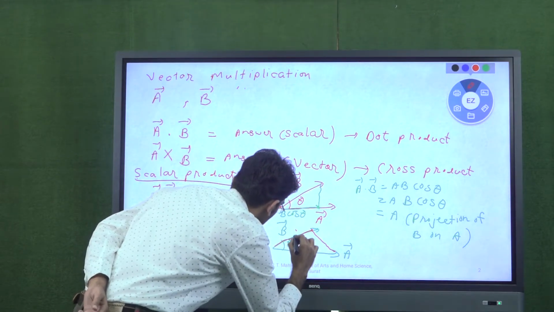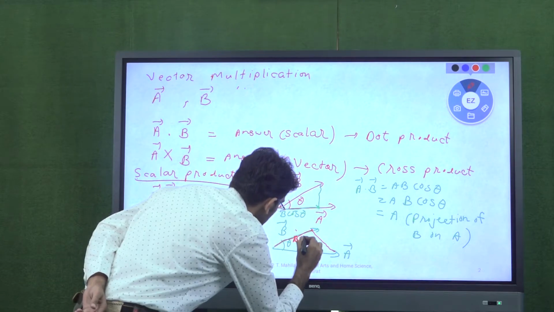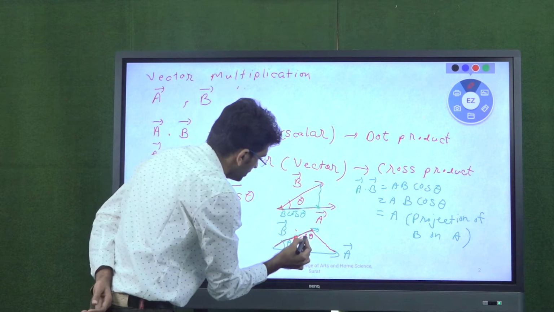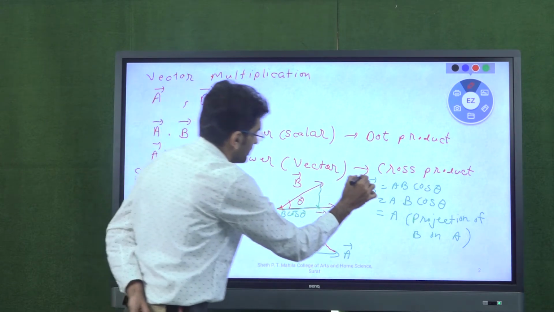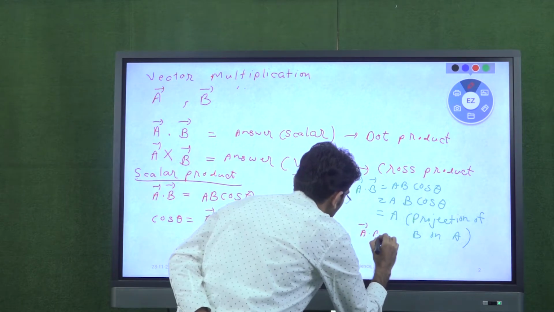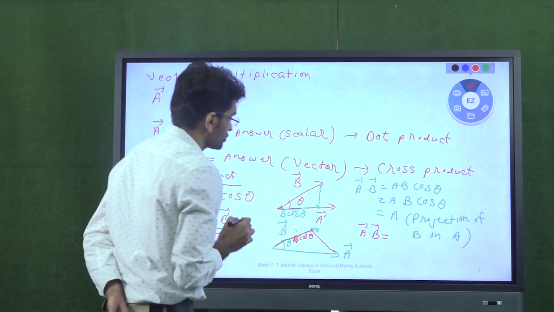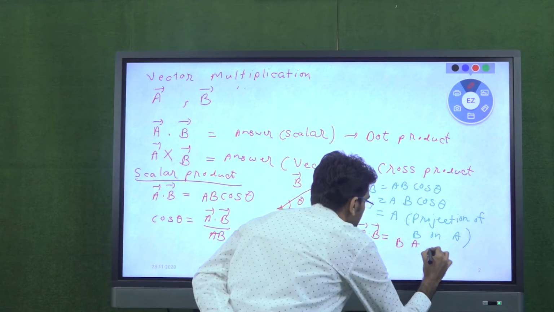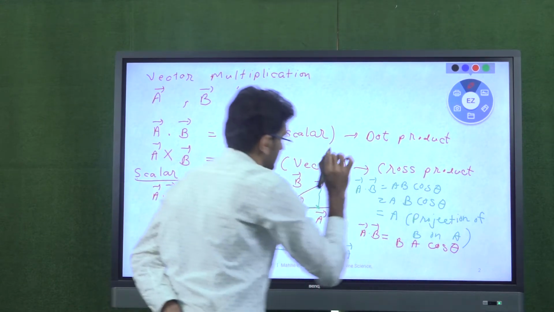theta, A cos theta. So if I rewrite this equation, then vector A dot B is equal to, I can also write this as B into A cos theta, right?